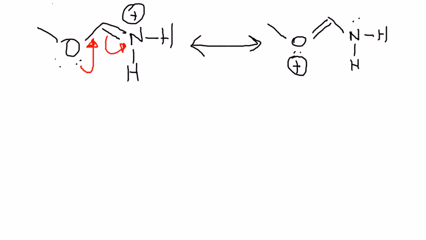So this one is the more significant resonance form, meaning that the molecule as a whole will have this guy as a higher characteristic than the one on the right. That's how you determine the stability between resonance forms.